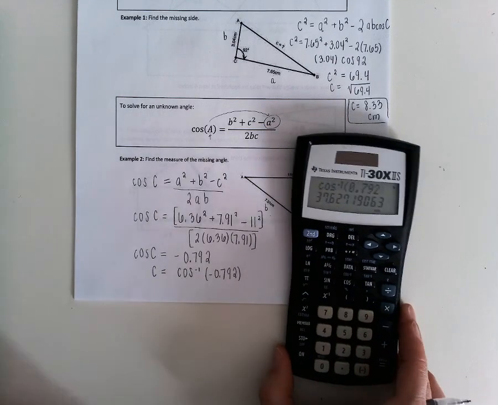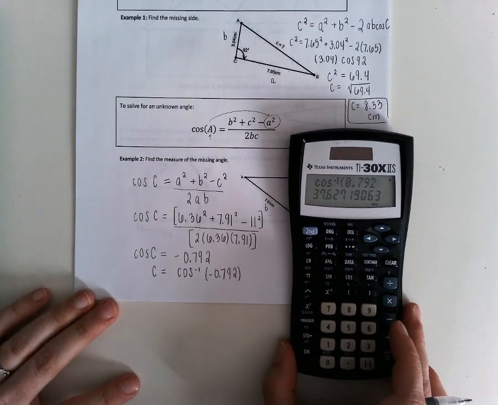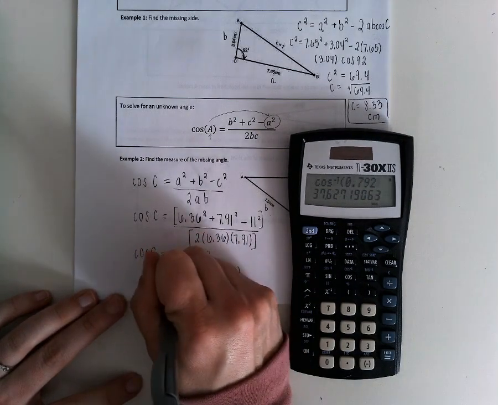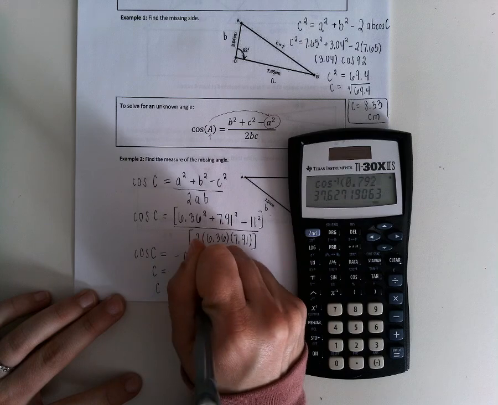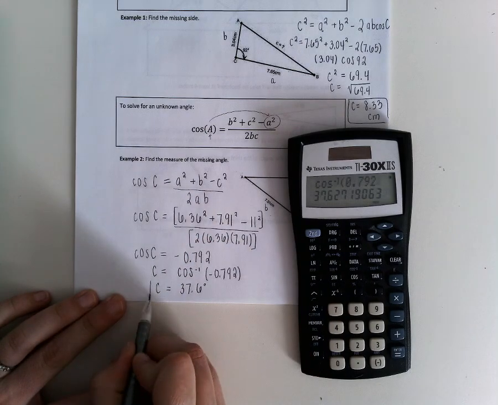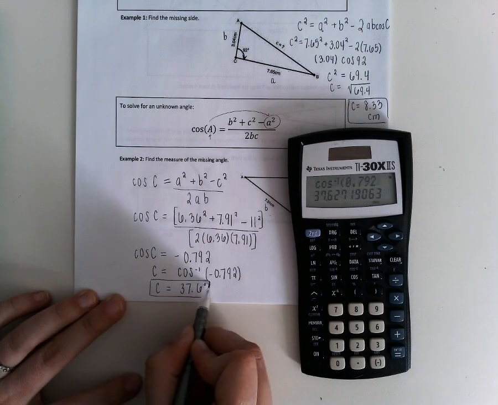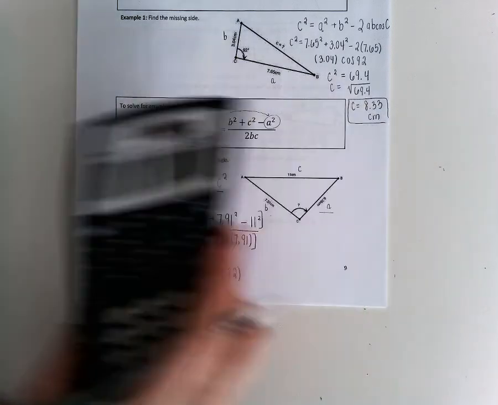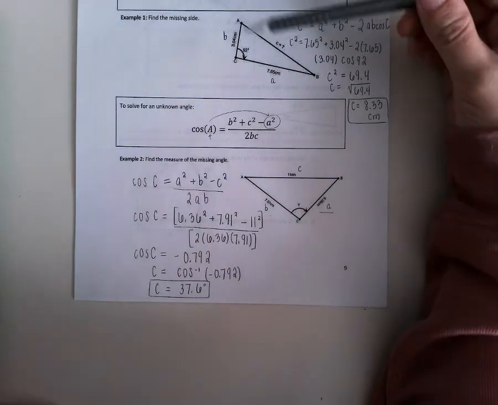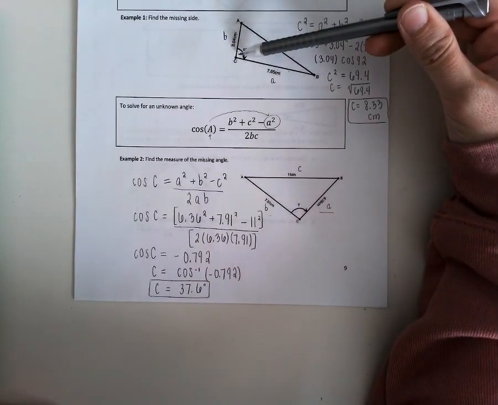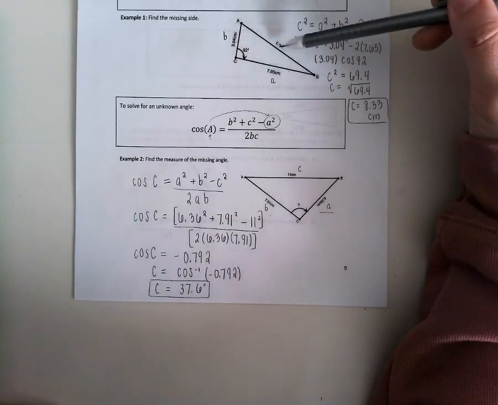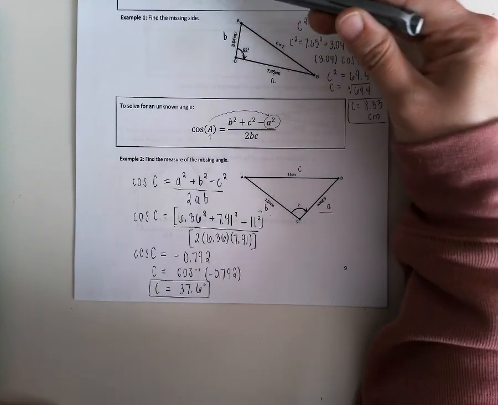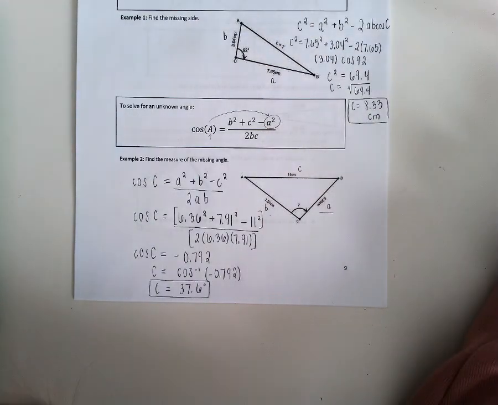We get an angle of 37.6 degrees. That is the measure of angle C. So be very careful when working with your cosine law. You want to make sure that you're paying attention to the angle and the side that correspond with one another, and make sure that you adjust your equation accordingly.